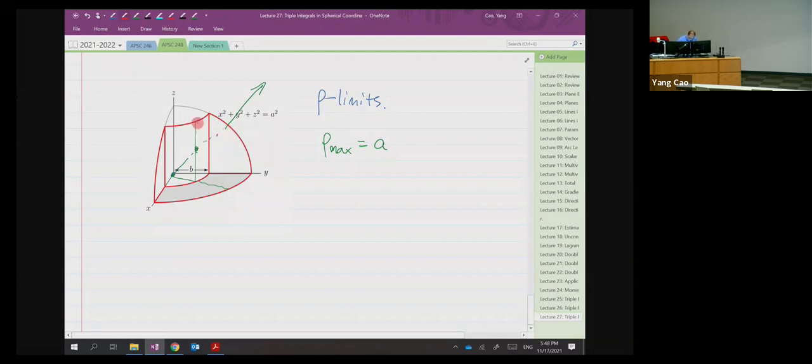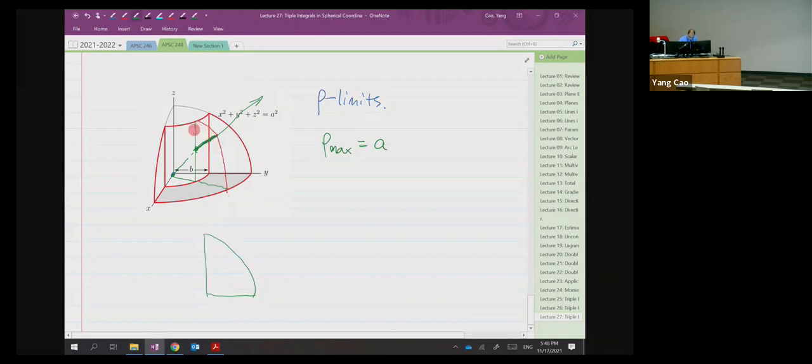Let's make it a little better here. Can you see that? So this is your first step of scanning here, and then you create this line segment right here. Let's focus on this cross section.